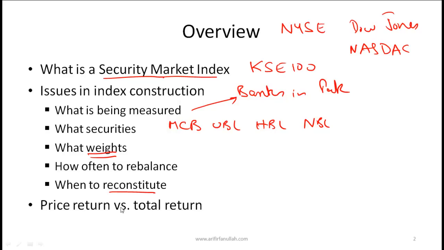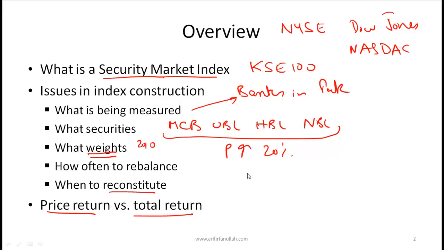Another point related to security market indices is whether the index is a price return index or a total return index. The idea here being that if we are measuring, very simplistically put, that in a given year, say 2010, on average all these prices went up by 20%, and the dividend paid on average was 2%.